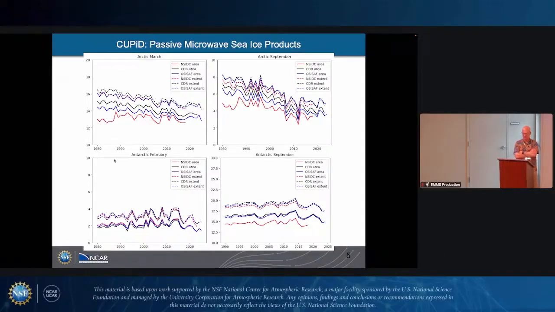Yes. And on the NSIDC website they just give you the raw number, and you have to dig in to see there's just a bigger pole hole. So you're actually summing over a smaller mask early on, and it's basically an artifact. Yeah. And I think OSI SAF just assumes that the pole hole is covered in sea ice. Absolutely. That's why NSIDC generally sticks to extent, because they fill in the pole hole for extent, but not for area.